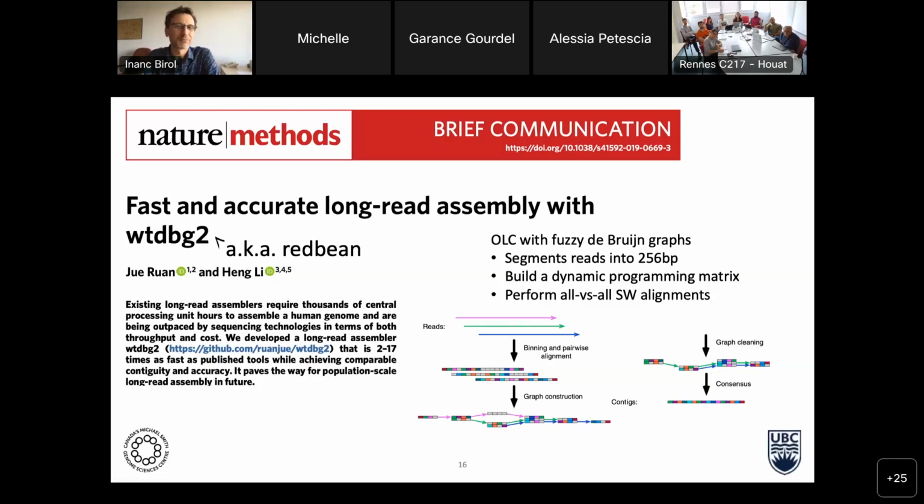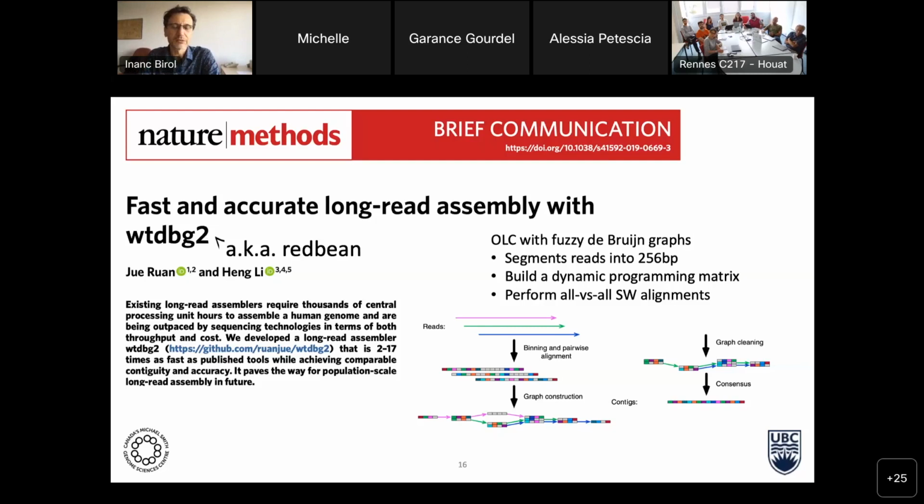One of the first is from Ruan and Li, WTDBG2, also known as the Redbean assembler. I guess it was quite difficult to roll off the tongue, so they rebranded that as Redbean.